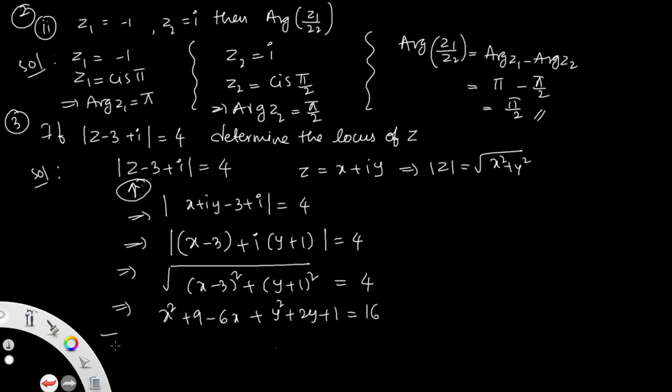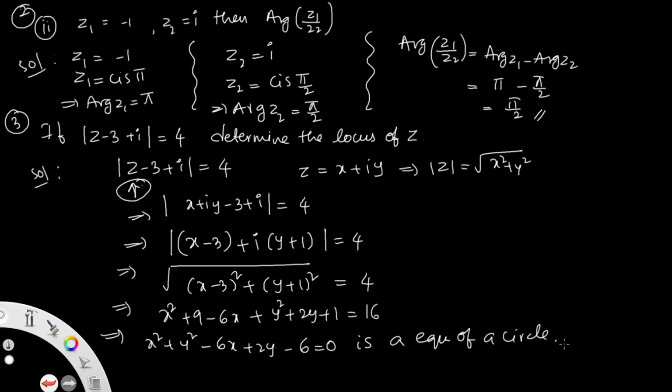Then we get x square plus y square minus 6x plus 2y plus 1 plus 9, 10 minus 16 means minus 6, equals 0. This is the equation of a circle, the required locus. We have to write it as a circle equation with center 3 comma minus 1. Determine the locus of z means we have to write the equation of a circle.